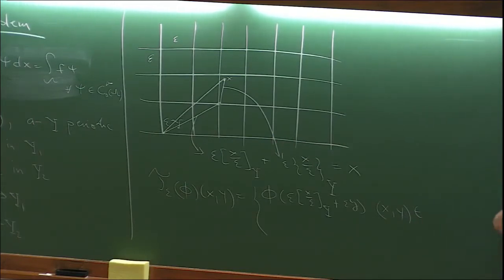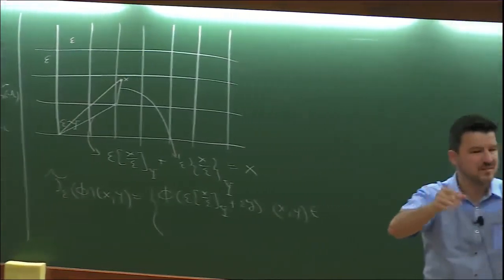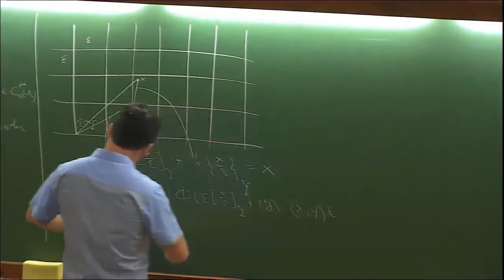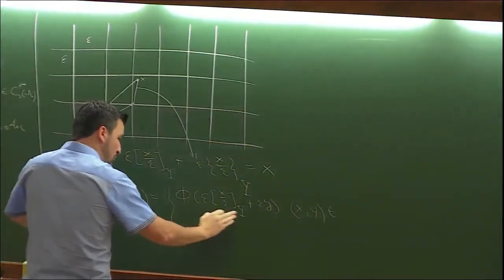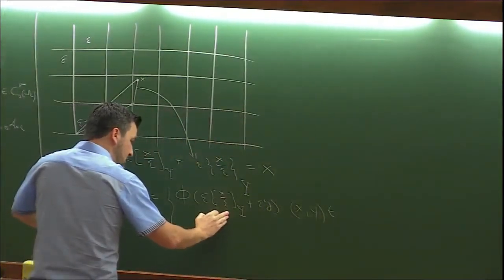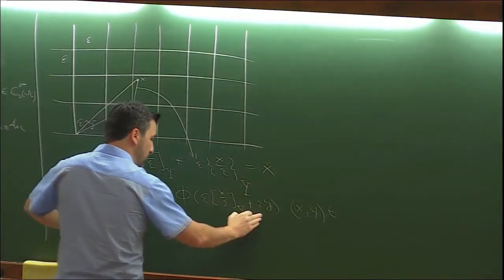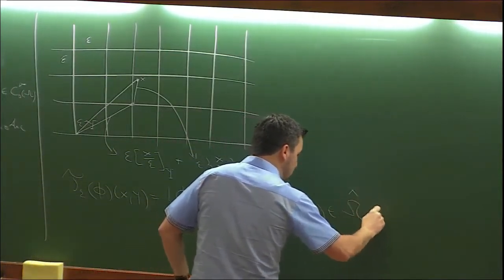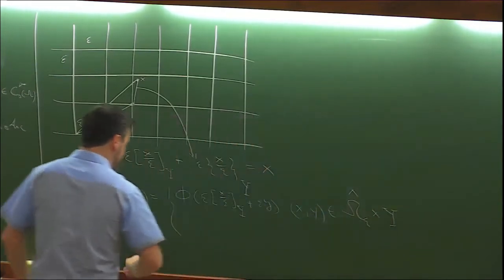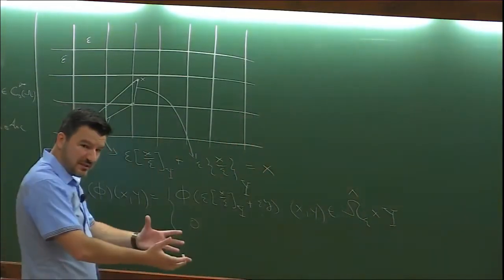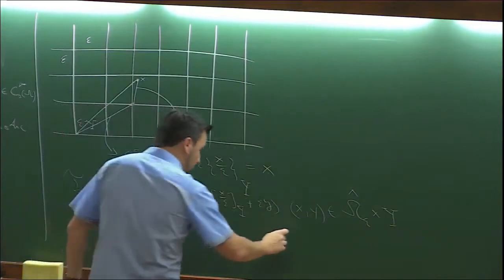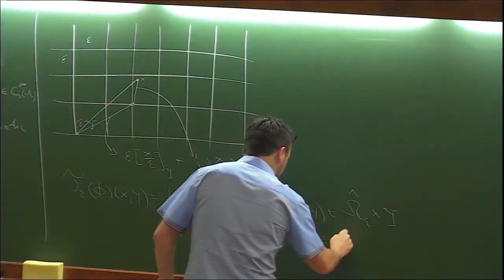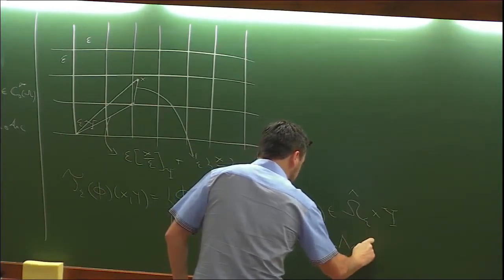When epsilon gets small, whatever remains outside this set is negligible. So we define the unfolding of phi as above for x, y in this interior set, y always in the periodicity cell, and 0 otherwise, because the remaining part is negligible, so we can afford to eliminate it like that.